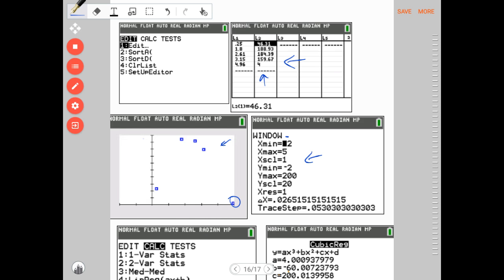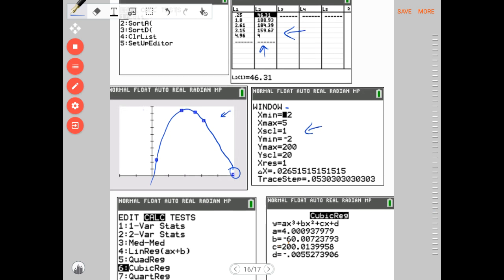Now, what you notice from the plots is that this is not symmetrical. This kind of looks like it goes up and then curves off. So not symmetrical, which leads us to think that this is a cubic graph. And of course it is a cubic graph.